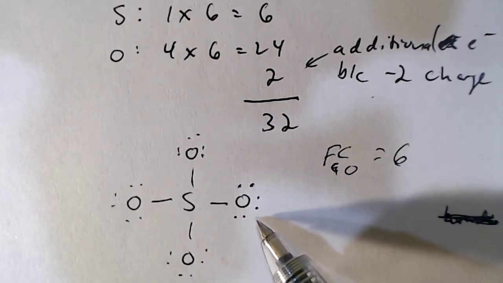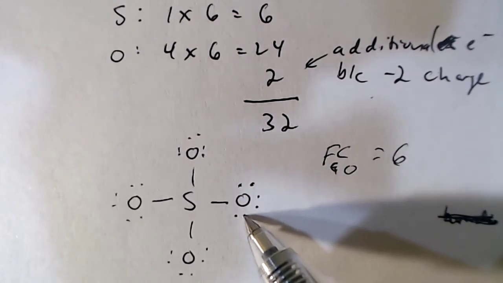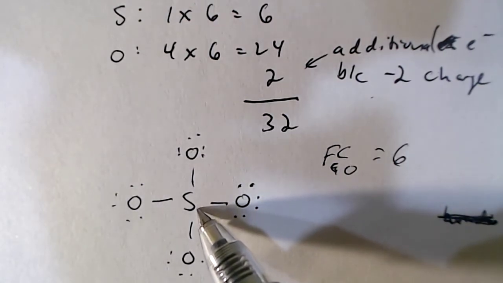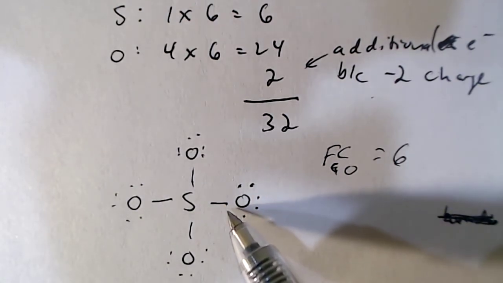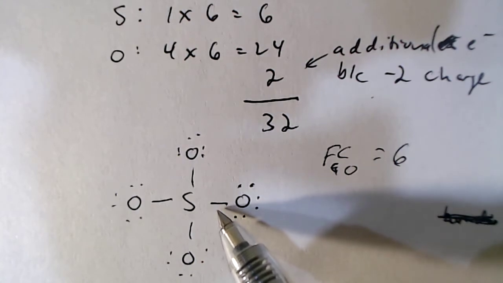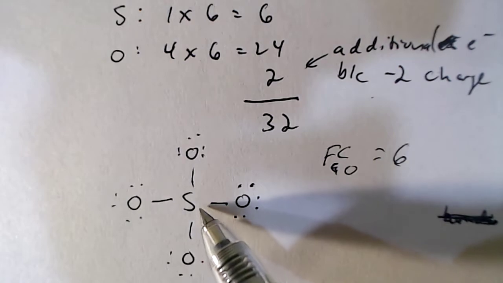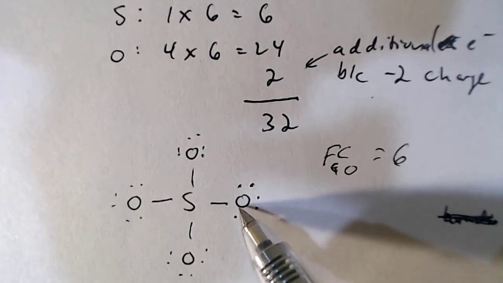electrons that are definitely just its, but there are also 2 electrons being shared between this sulfur and this oxygen atom. We split those electrons up. One of these electrons belongs to the sulfur, and one belongs to this oxygen.